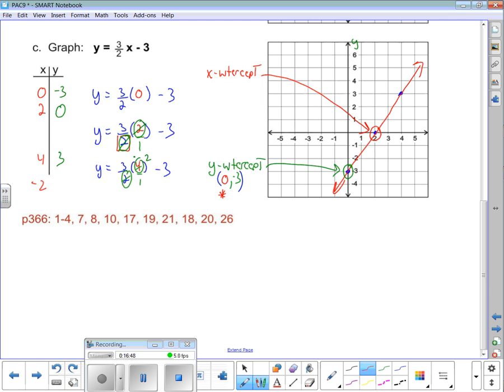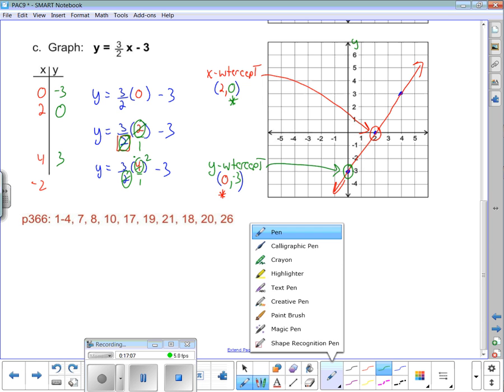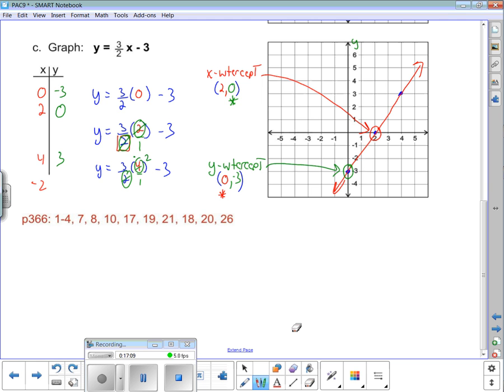Now the x-intercept has coordinates of what? Well, this one, the x value is 2, and the y value is what? 0. And guess what? The y value of every x-intercept is 0.